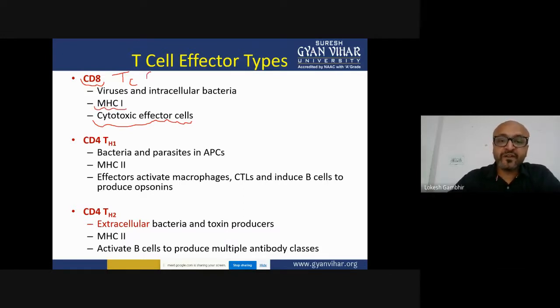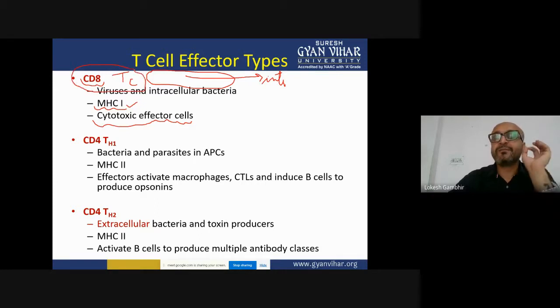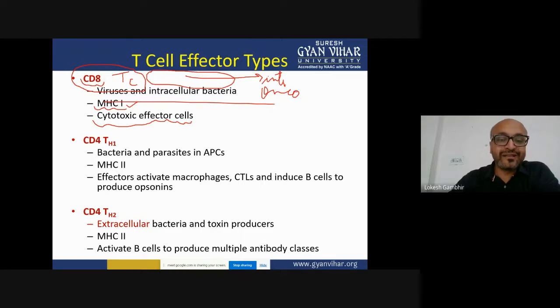So they are specific for the antigens or the pathogens which can be presented by MHC1, and those are always intracellular pathogens, bacteria which can enter inside the cell, like Mycobacterium tuberculosis, or all the viruses that are entering inside the cell. So for those, the cytotoxic T cell is the prime enemy or prime helper for us. And apart from this, you can also write oncocells or cancer cells.